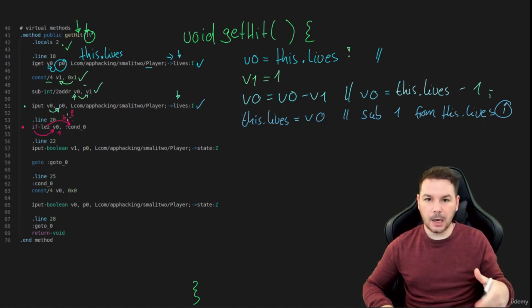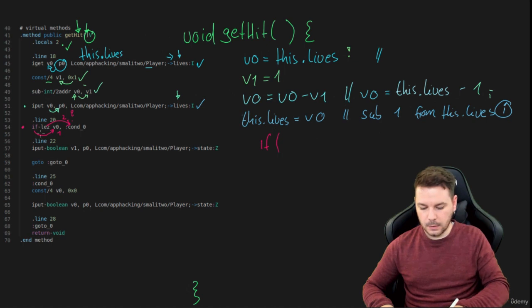If you read this out loud this way, we can also write it down in the exact same way. If v0 is less equals 0, then we jump to condition 0.